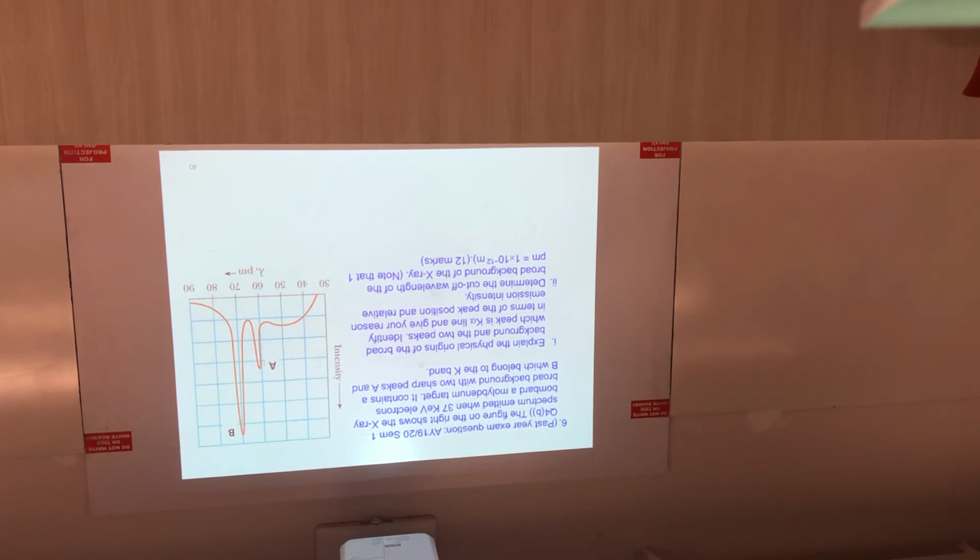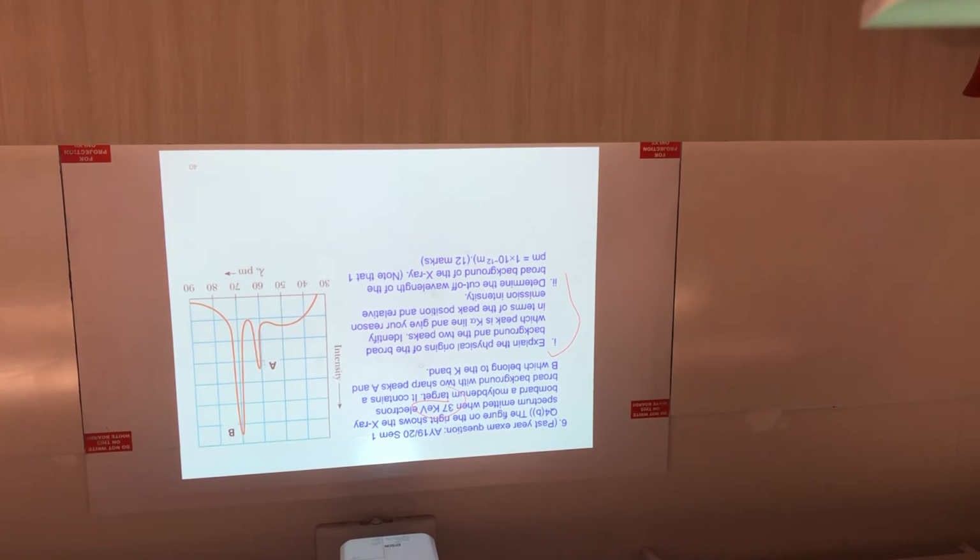The figure on the right shows the X-ray spectrum emitted when 37 kilo electron volt electrons bombard a molybdenum target. It contains a broad background with two sharp peaks A and B, which belong to the K-band. Explain the physical origins of the broad background and the two peaks.